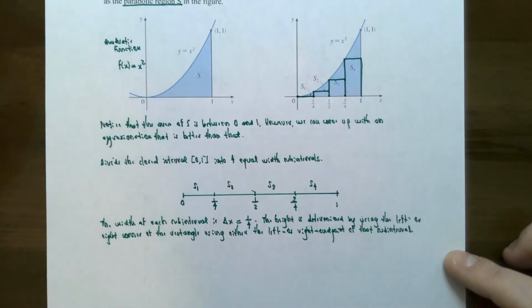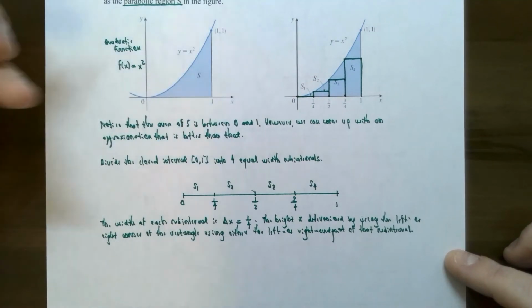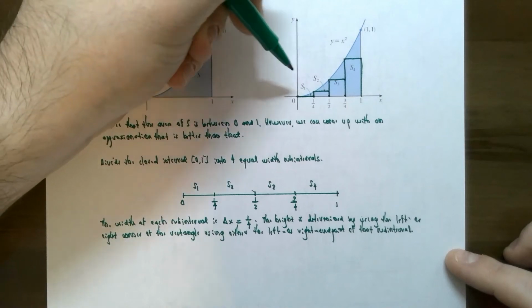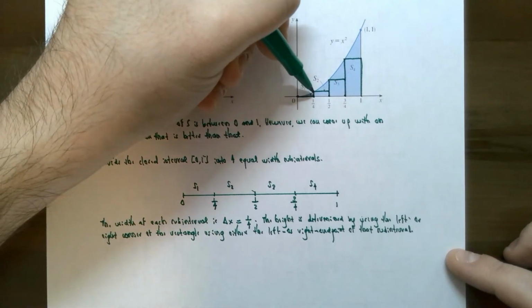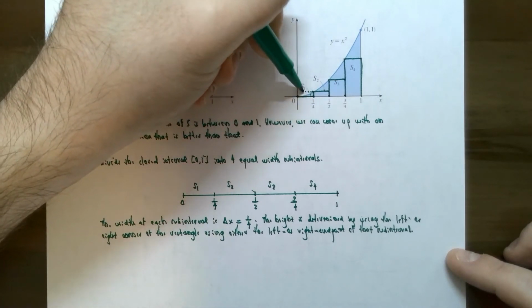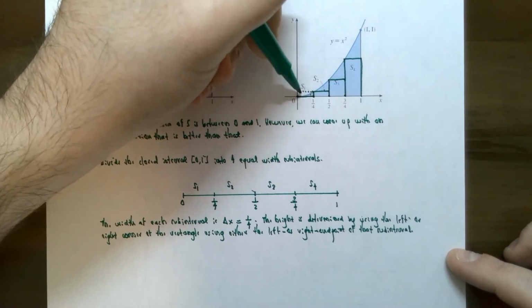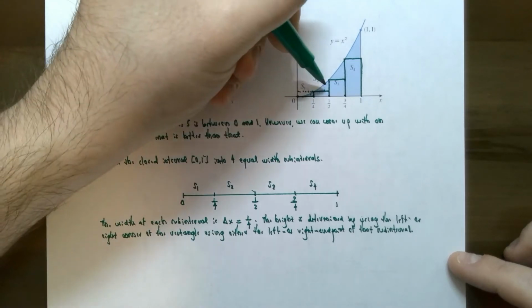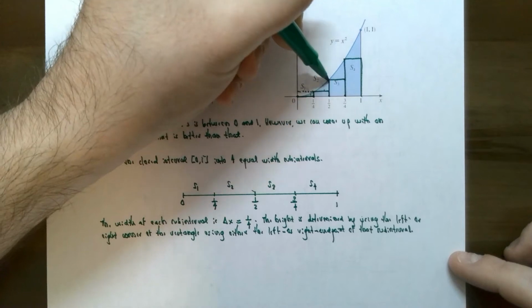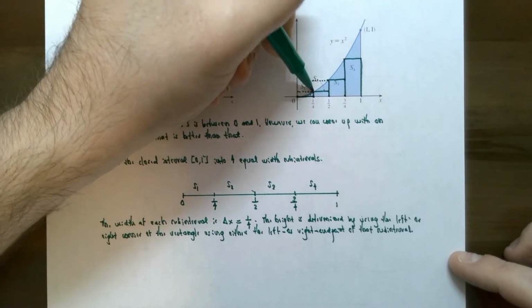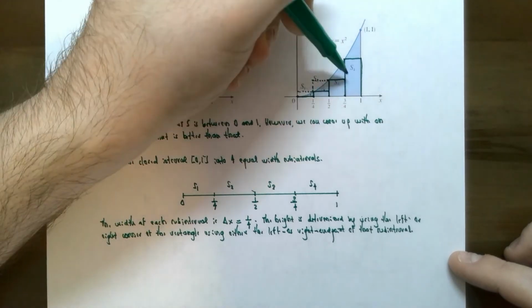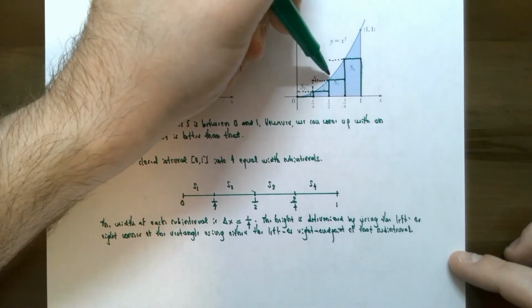Now let's say you use right endpoints. Right endpoints I'm going to use as dashed lines. So the right endpoint determines the height for these rectangles. So that would be the first rectangle. The next rectangle would have a height when x is equal to 1/2. Then x equals 3/4 would be the height for the third rectangle.